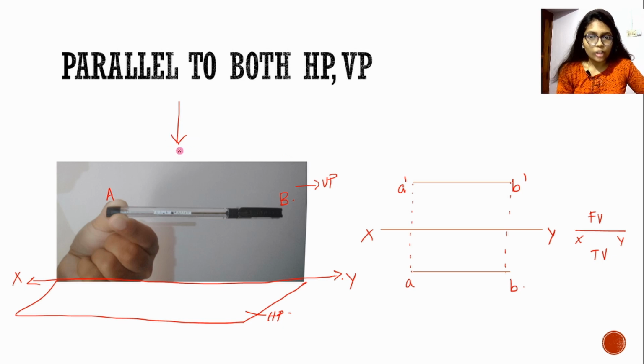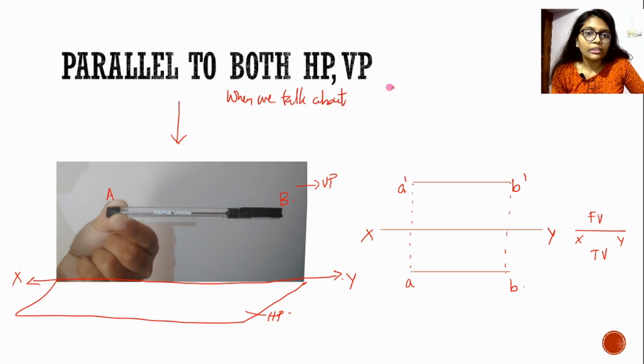When we take a top view, this vertical plane becomes your xy line. So I will have a quote for you now. That is, when we talk about front view, this xy becomes your HP, horizontal plane, and when we talk about top view, this xy becomes your vertical plane.